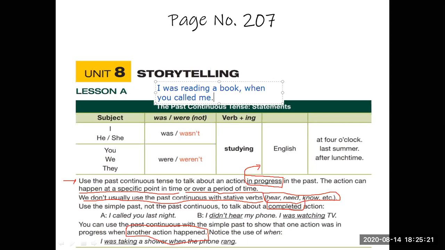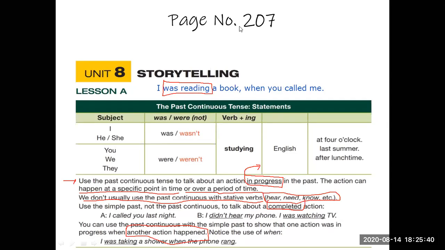As you see here, I am using the first sentence in past continuous and the second sentence in simple past. That is because this was happening when this suddenly happened.